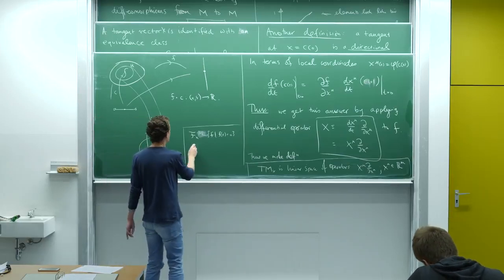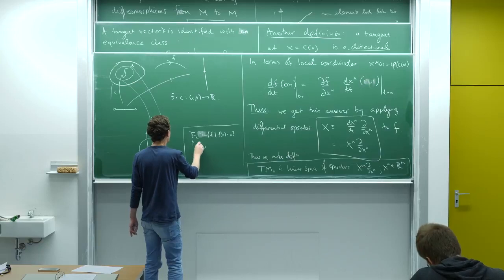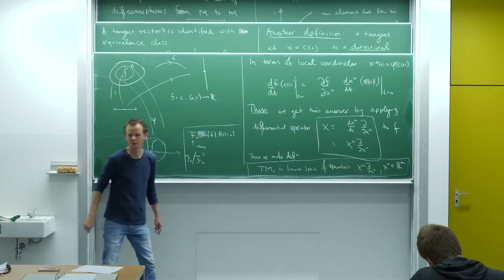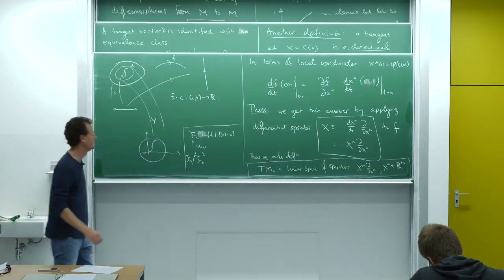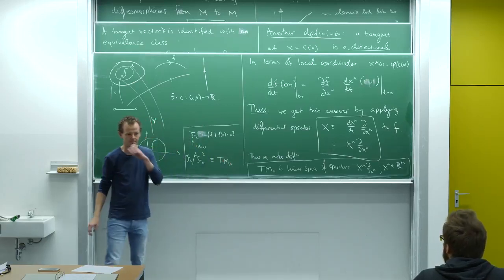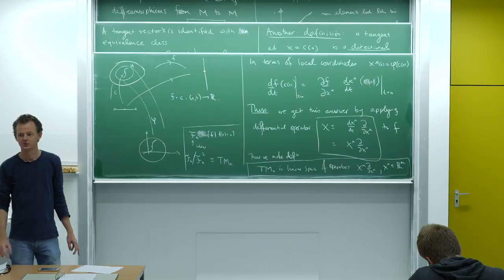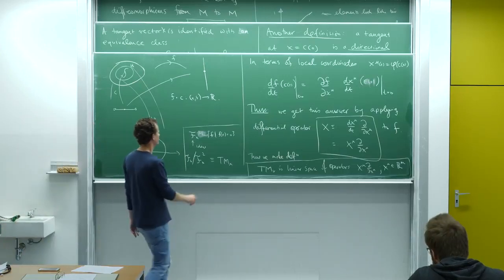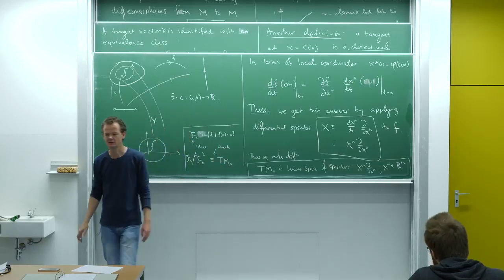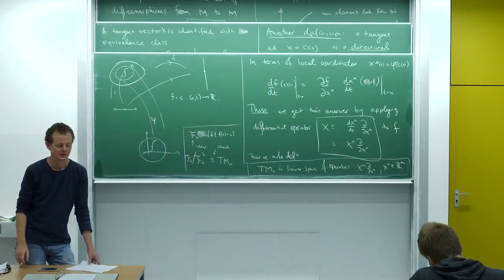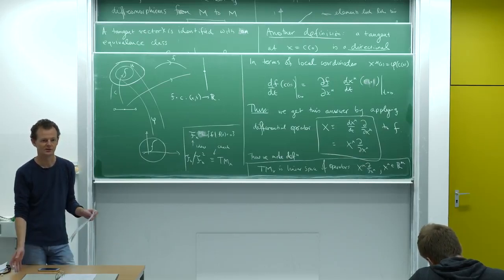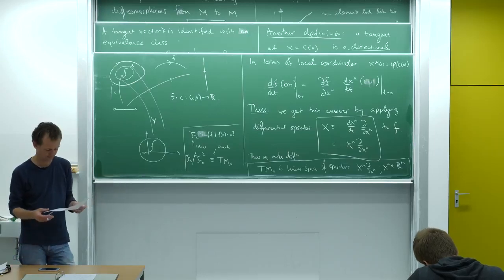And then this is an ideal. Then you square this ideal, and you take the quotient. That's also another definition of the tangent space to a manifold. I'm doing that from memory, so that needs to be checked. But that's only if you're interested in algebraic geometry.